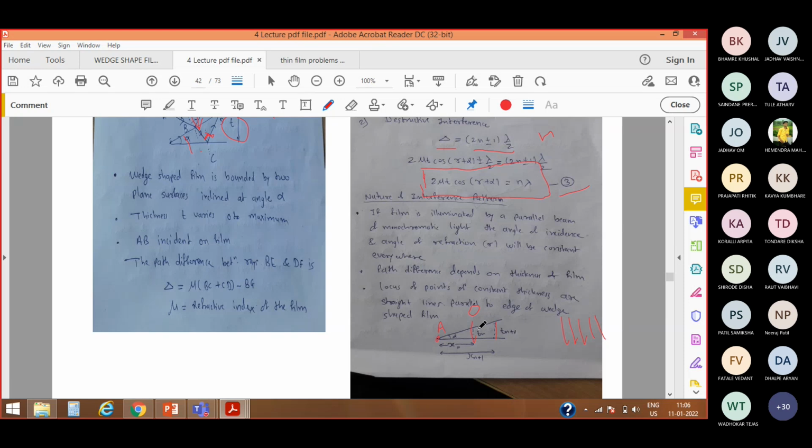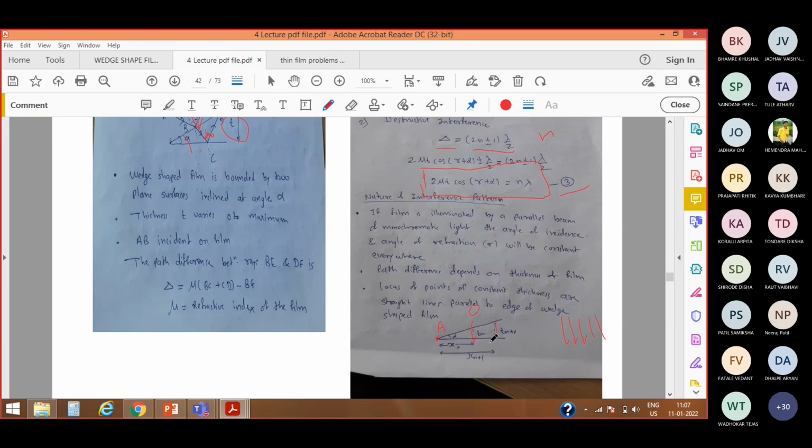The distance of a line is given by xn. xn is the distance of this band, black or white, from the edge of the wedge-shaped film, and the thickness at this line is Tn.